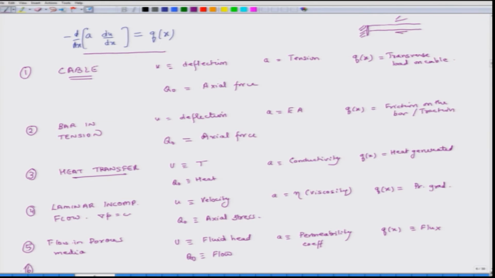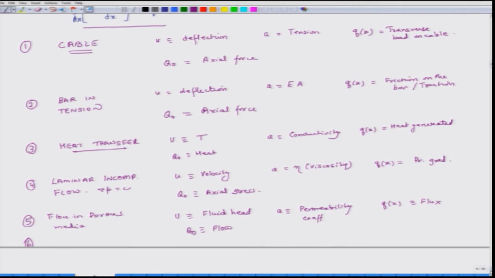And the sixth case is electrostatics. So, here U corresponds to electrostatic potential, A corresponds to, no, actually I am sorry, this is the dielectric constant.